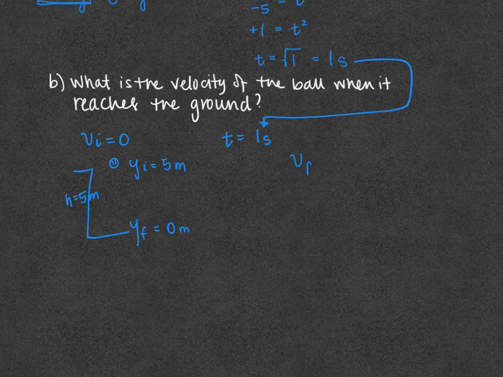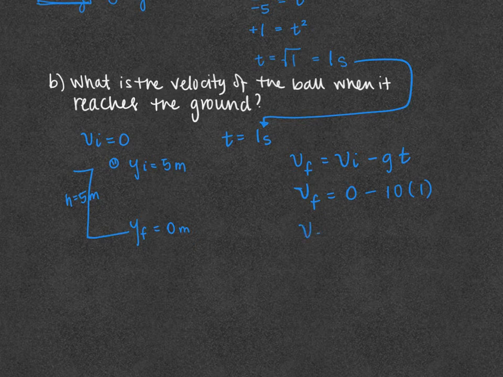So if v final is equal to v initial minus gt for free fall, our final velocity will be equal to our initial velocity minus gt. I'm going to use 10 for g, and I substituted my 1 second from above here.